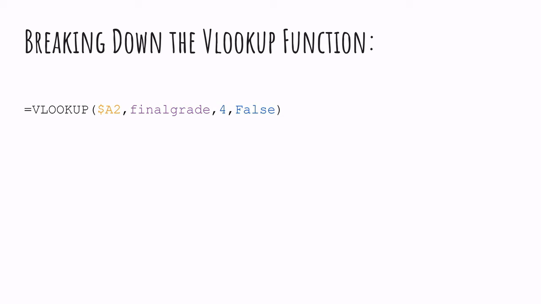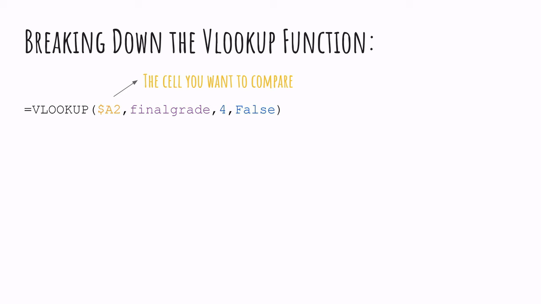The first section is the VLOOKUP section, and that's just the spreadsheet's designation for this process. There are many functions that an Excel or any kind of spreadsheet can use, and this is one of the typical ones, and it has a bunch of functions that come with it. After the parentheses, the next one you want is the designation of the cell you want to compare.